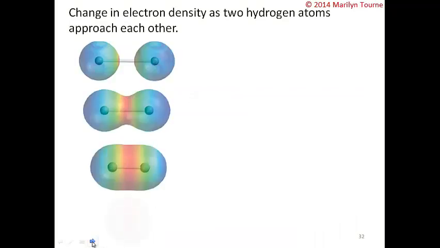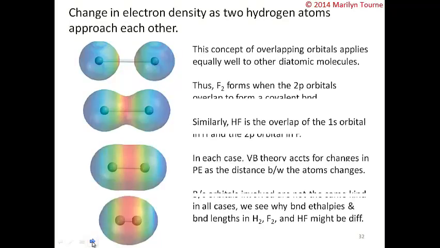And here, I'm showing the change in electron density as the two hydrogen atoms approach each other. You can see that this concept of overlapping orbitals applies equally well to other diatomic molecules. The F-F single bond, the fluorine single bond, forms when two p orbitals overlap, not two s orbitals.